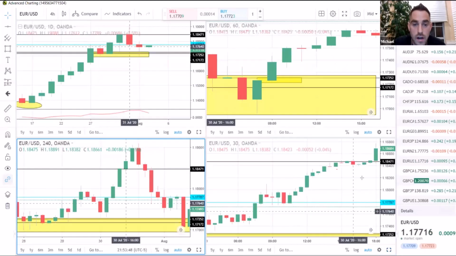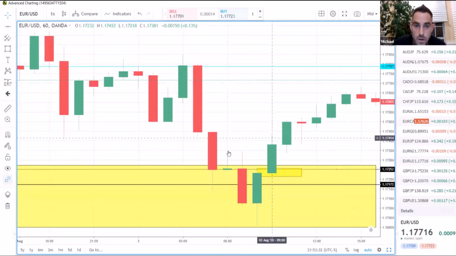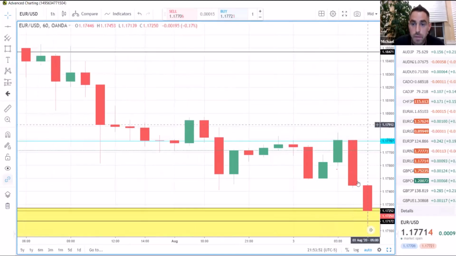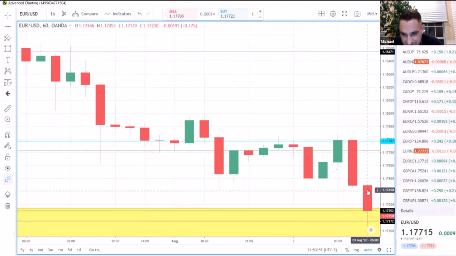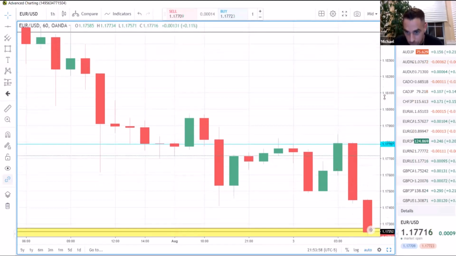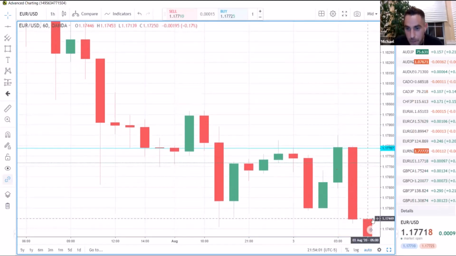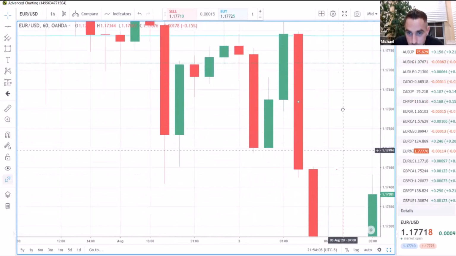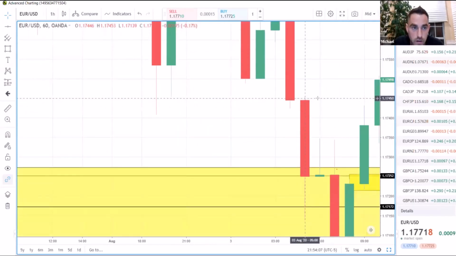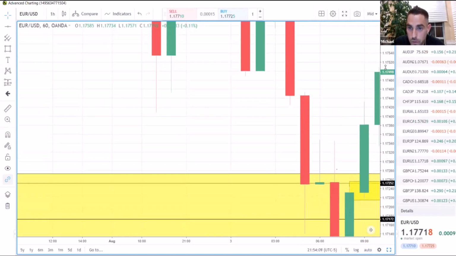If we go down to the 1 hour, this is basically that same wall. There is a teeny tiny wick right there. Make it even bigger, see right there? That's a really small wick. It might look big because we're zoomed in.